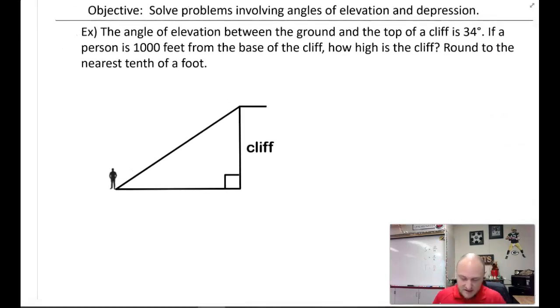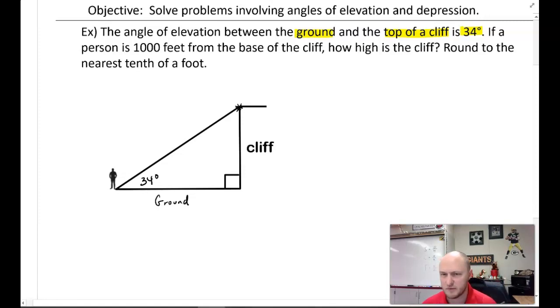All right, so here is our first example. They say the angle of elevation between the ground and the top of a cliff is 34 degrees. Okay, so they just gave us an angle of elevation. Here is the ground. Here's the top of a cliff. So angle of elevation, 34 degrees.